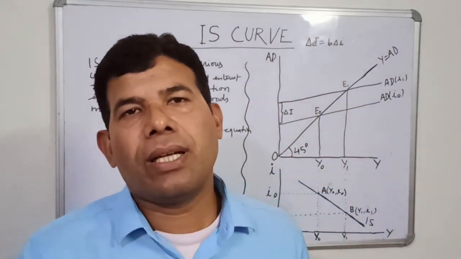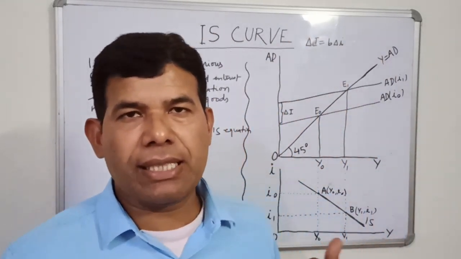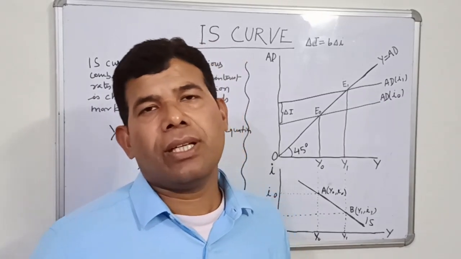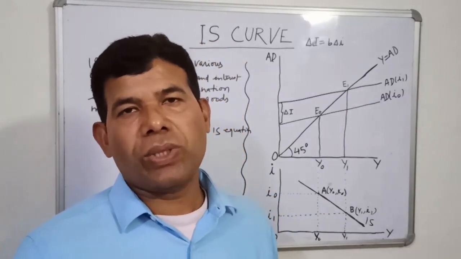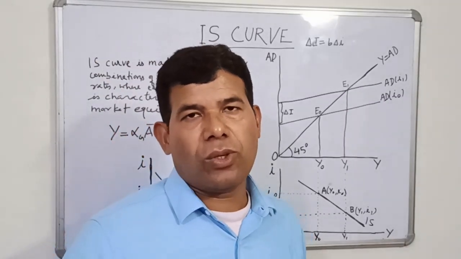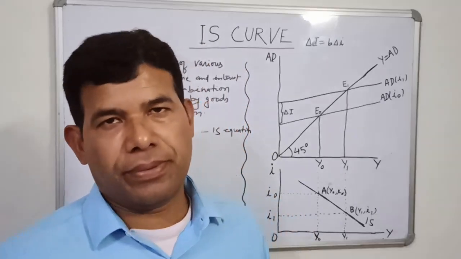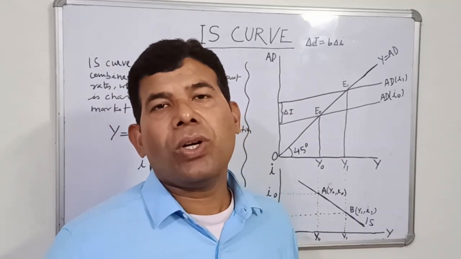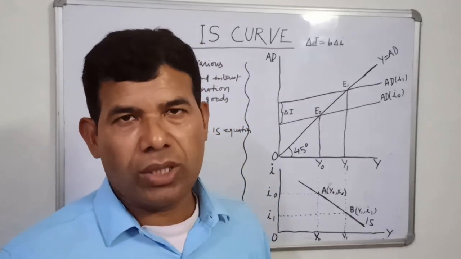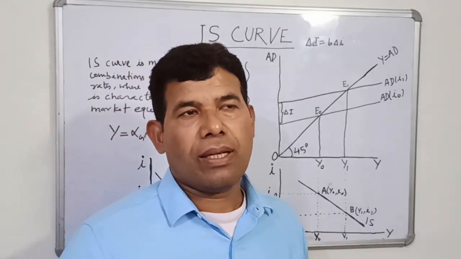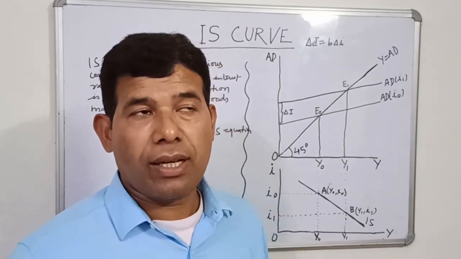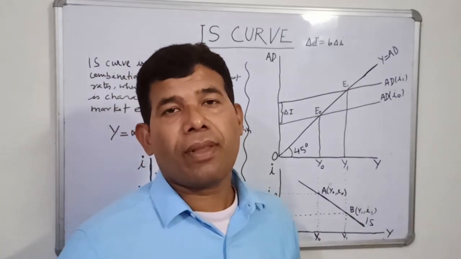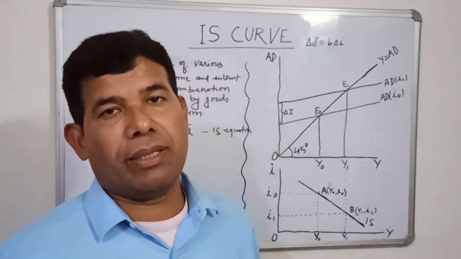Hello friends, in this video lecture I'm going to discuss the derivation of the IS curve. As we know, the ISLM model is analyzed using an algebraic approach and a graphical approach.